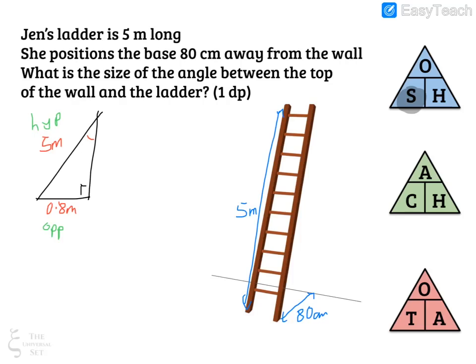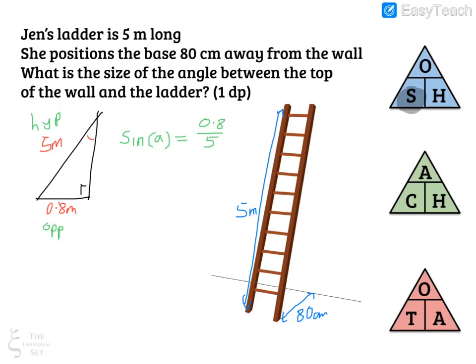So sine of, let's say A for the angle, is equal to, covering up that, O over H. So that's O divided by H, right? So that's the opposite, 0.8 divided by 5. So sine of the angle is 0.8 over 5.